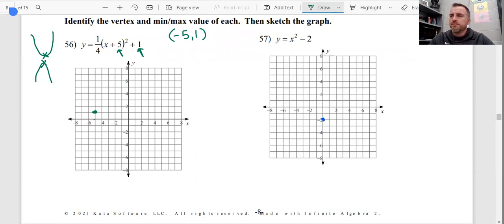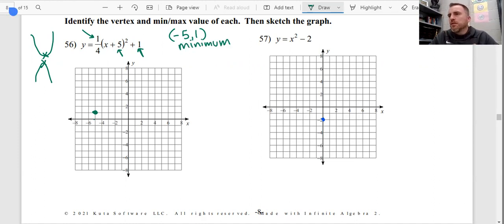It's right there. So is it the minimum value or the maximum value? Well, we look here to the 1/4. Because it's a positive 1/4, that means it's going to open upward. And so this quadratic opens like this, so that we're dealing with a minimum value. Minimum.